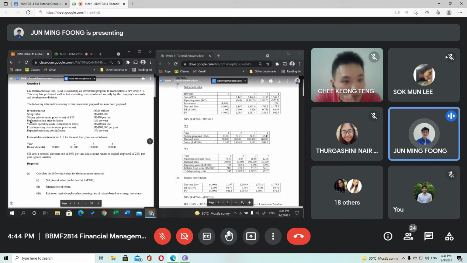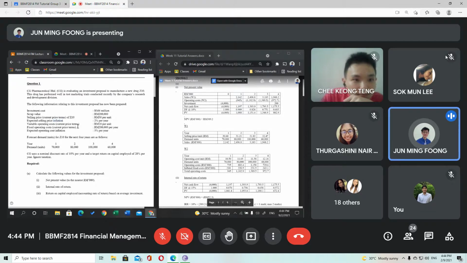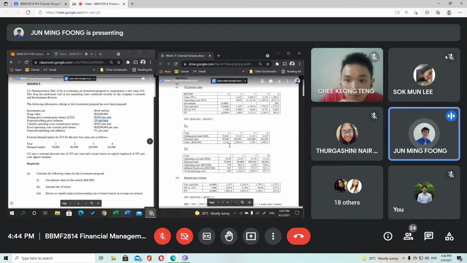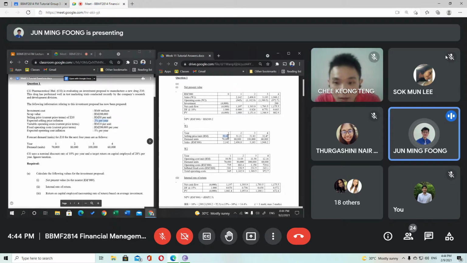The question says the selling price will have an inflation of 2% every year, from year 1 to year 4. So the 30 ringgit will increase to 30.6 for year 1, and year 2 to year 4 also have the same increment of 2%.